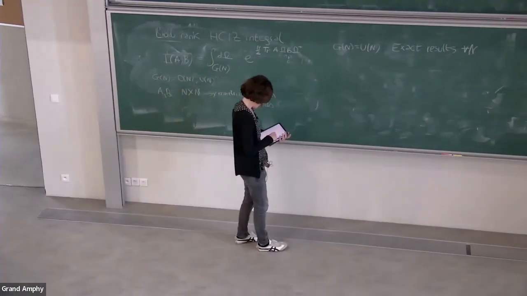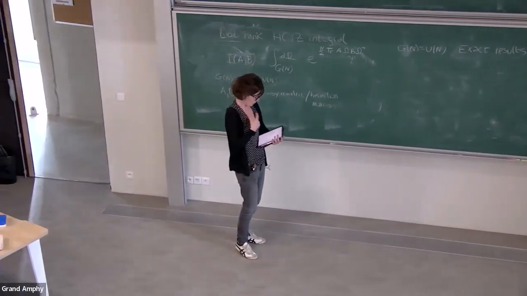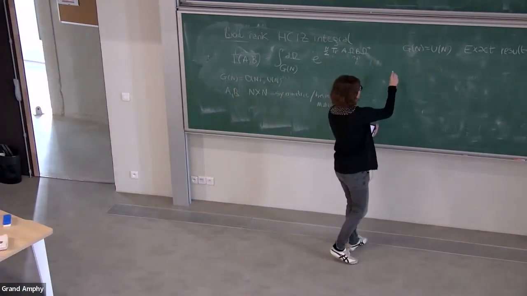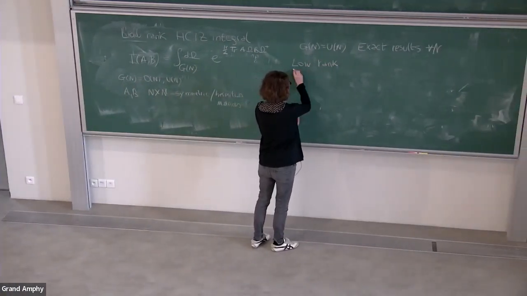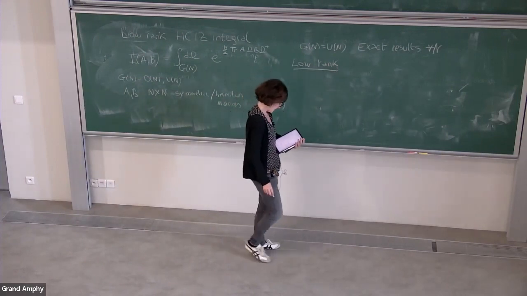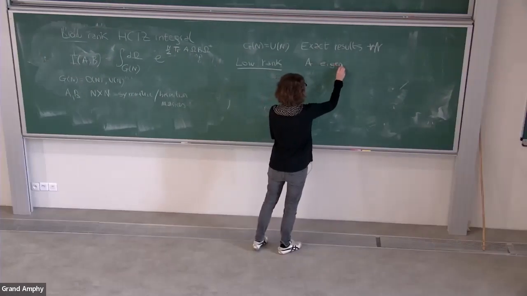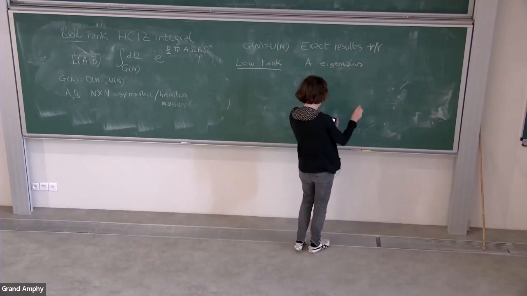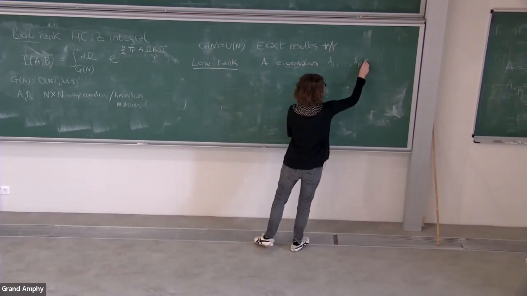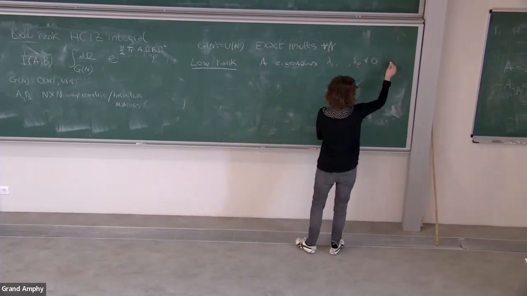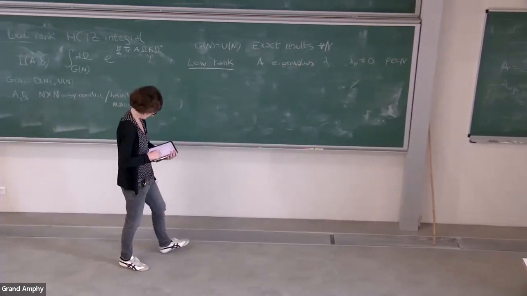However, there is a nice result, which is the case when the matrix A has low rank. You assume that the eigenvalues of A are lambda 1 to lambda p different from 0, with p much smaller than n, and all the others are zeros.